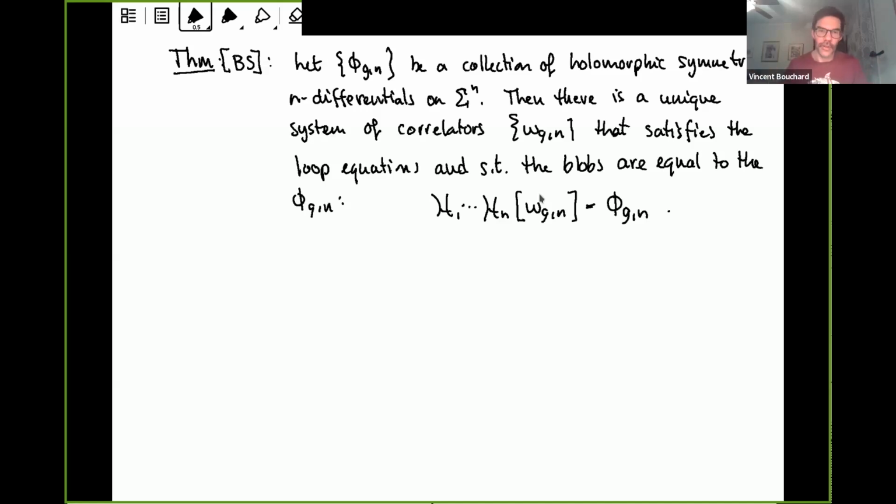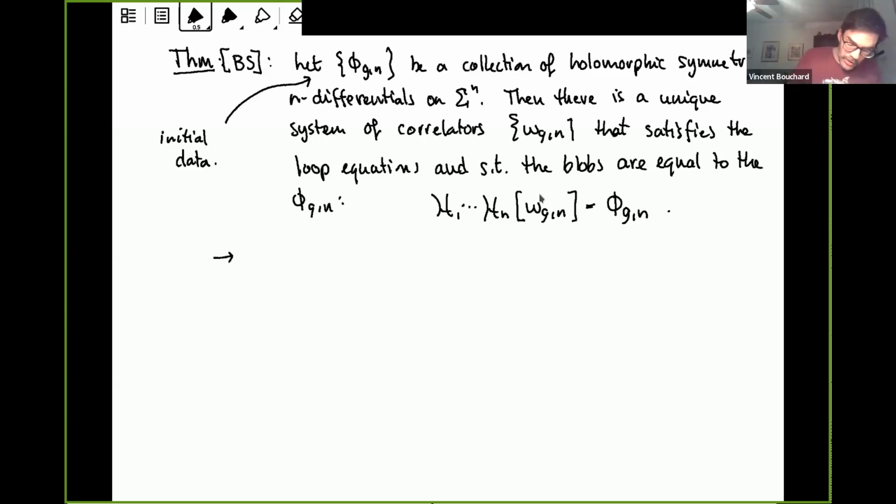Great, so that is the answer to the question, what is the space of solutions of loop equations? It's this. What it says here is basically you should think of these blobs or these phi g,n here as initial data. If you're interested in solving the loop equations, what you want to do is specify this infinite collection of holomorphic symmetric differentials, and then you can solve the loop equations.